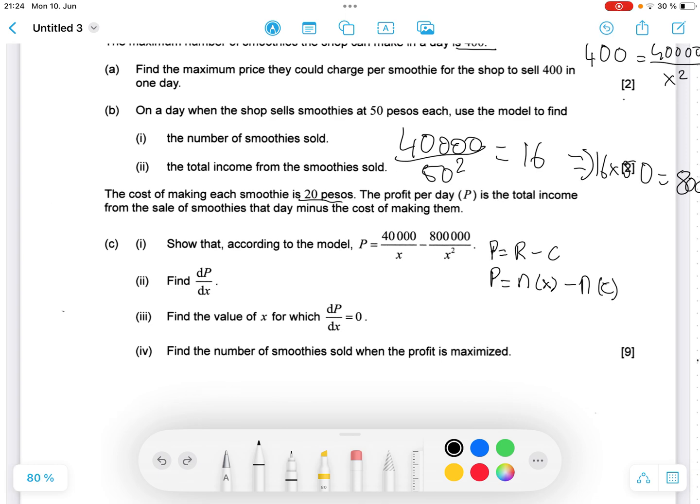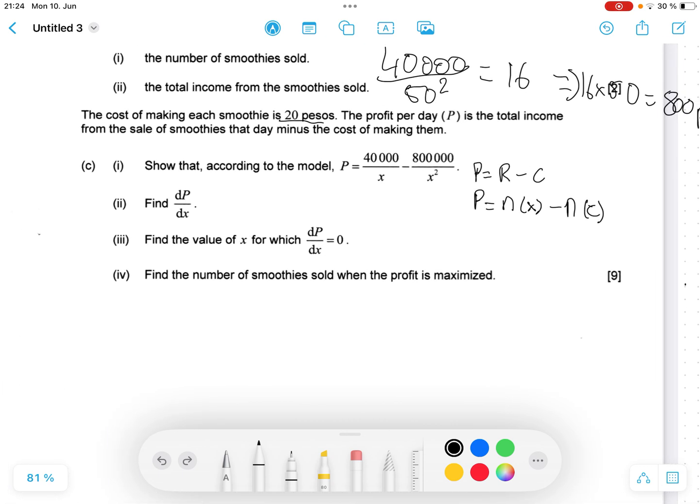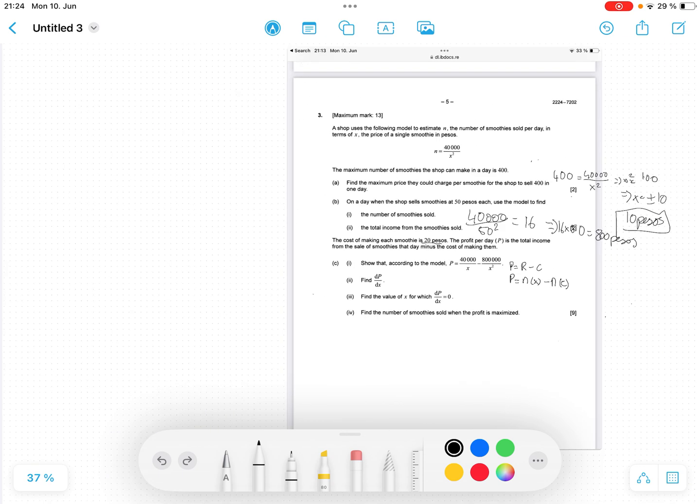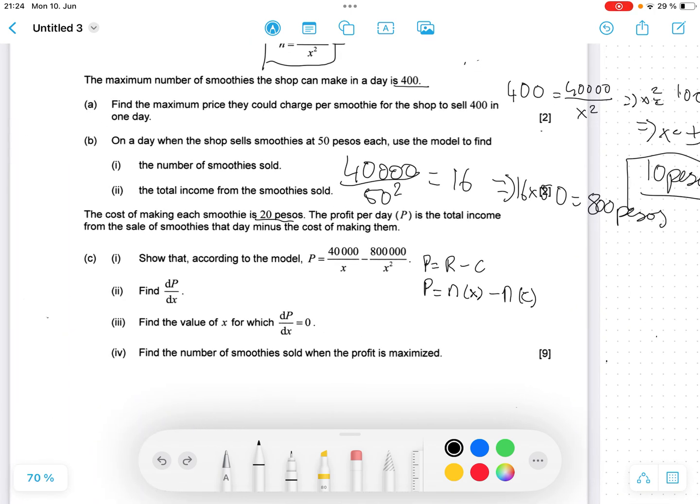So we now know that to solve this part, we just have to substitute the function for N back in. So we get 40,000 over X squared times X, so the X's cancel, minus 40,000 over X squared times 20, and these two multiply to make 800,000.